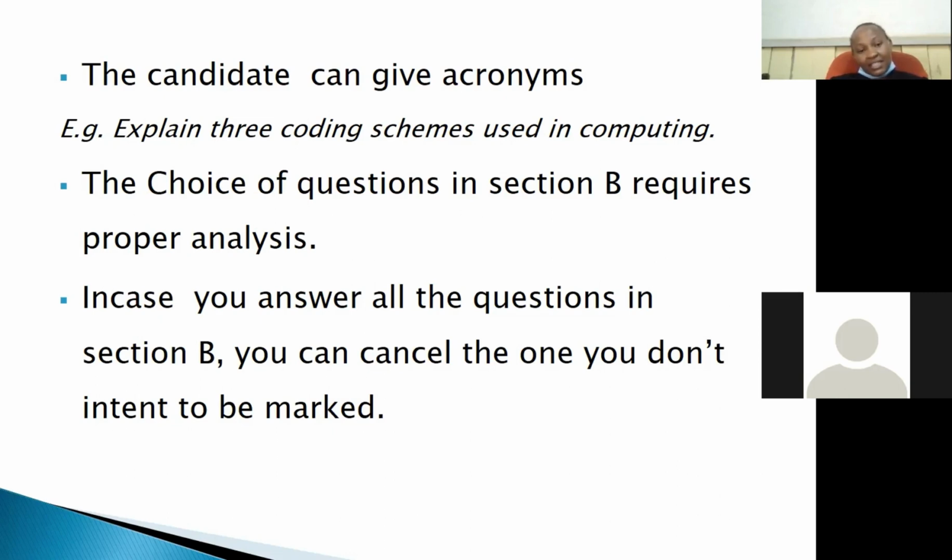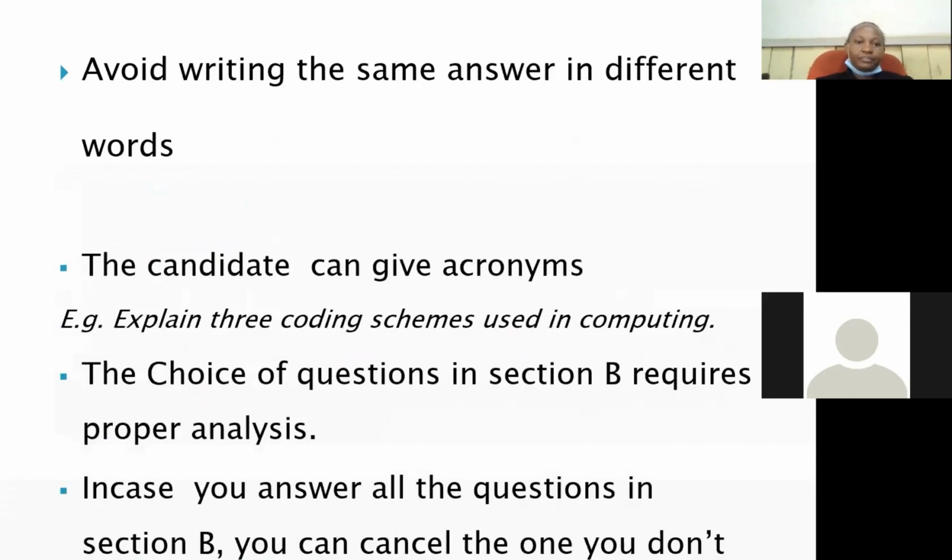The first 3, that is 17, 18, and 19, are the ones that are going to be considered in the final score. So it is always good to know that you are supposed to do 3 questions out of that, which will give you 45, plus the 15 of question 16, that gives you 60, plus the 40 of section A, that gives you 100%.